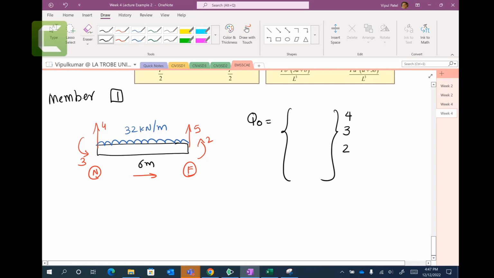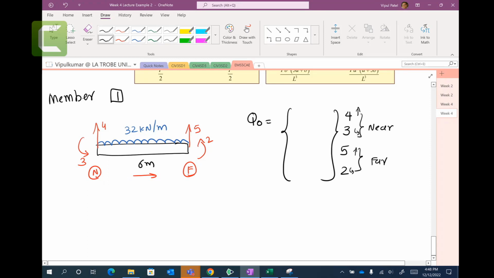Far node vertical is 5 and rotation 2. I hope you understand this. 4, 3, 5, 2, because vertical first and then rotations. So this one is the near node, this one is the far node, and each is vertical and then rotation.